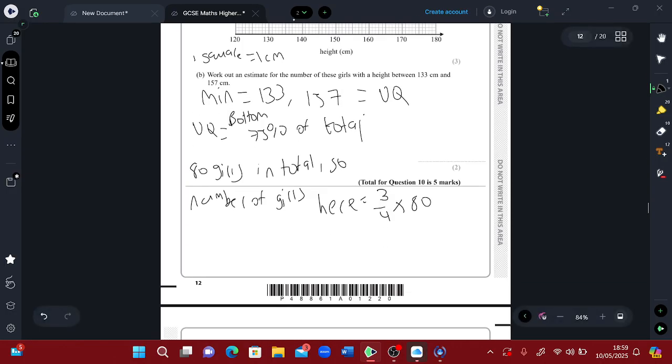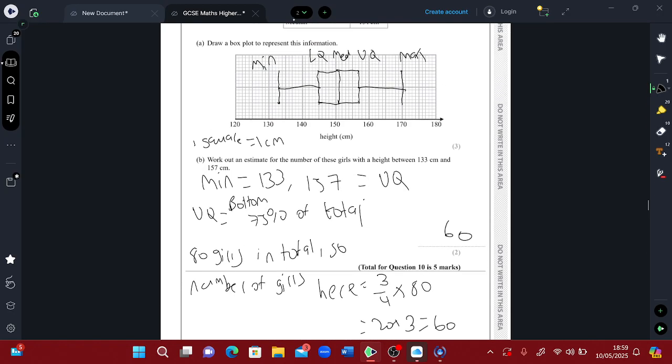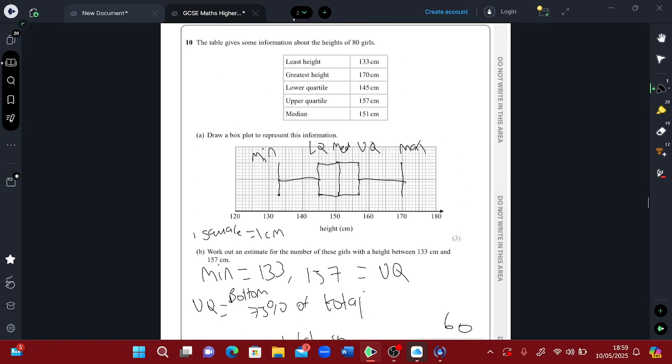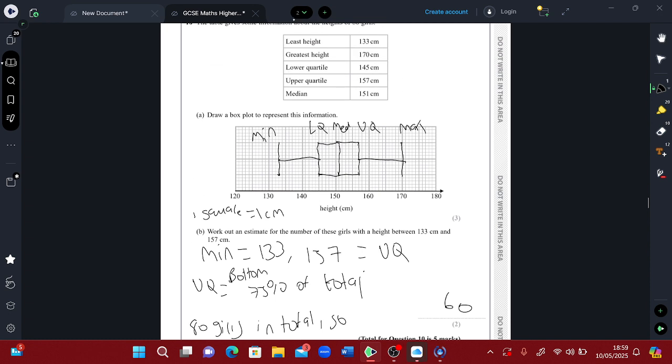So again, it's just times in a fraction here. So 80, we know that cancels with the 4. So 80 divided by 4 is 20. So that's going to be 20 times 3, which should be 60. And yeah, that should be the answer.